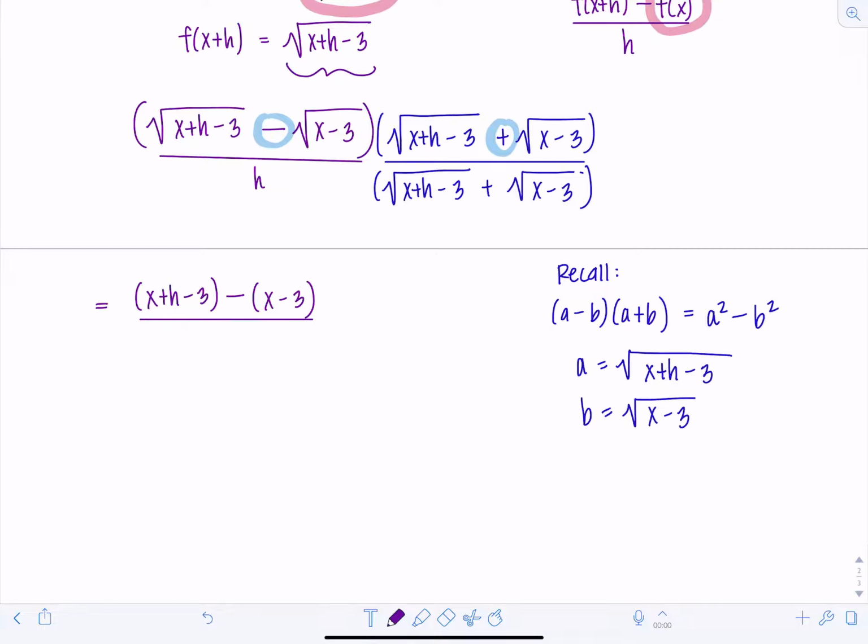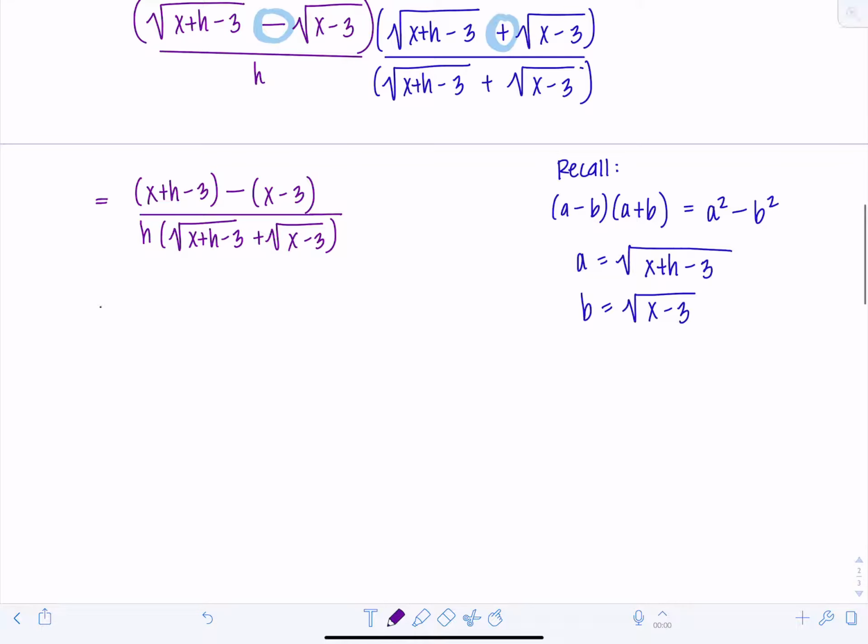Over h times rad x plus h minus 3 plus rad x minus 3. Beautiful. Now we just need to clean up and simplify. So in the numerator, I'm going to have x plus h minus 3 minus x plus 3 over h times the square root of x plus h minus 3 plus square root of x minus 3.